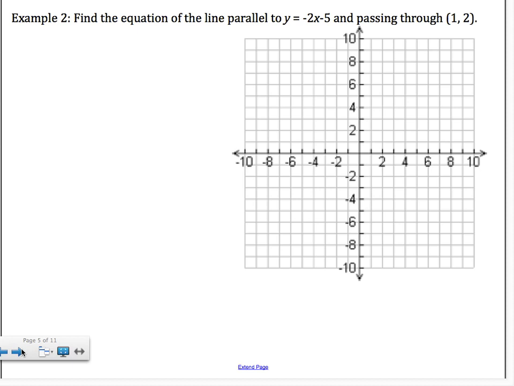So first find the coordinates 1, 2. Good. So we have the coordinates 1, 2 here. But how do I get which line that goes through there? There's lots of lines that go through it.